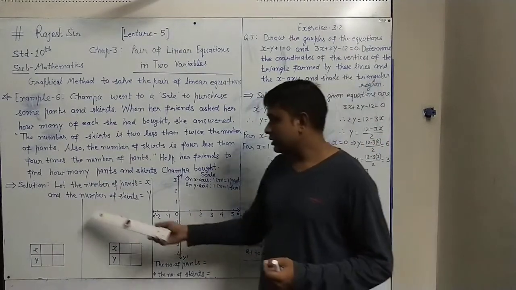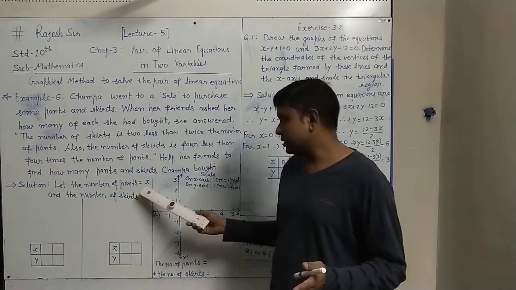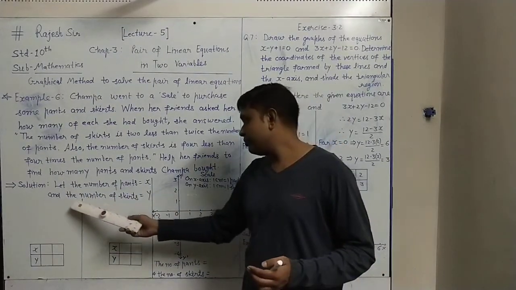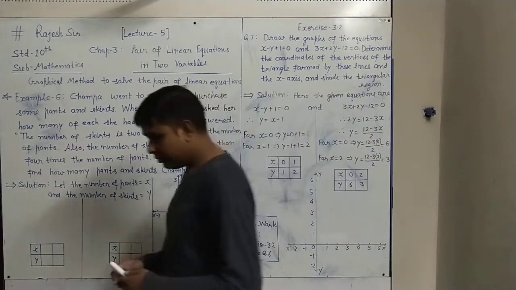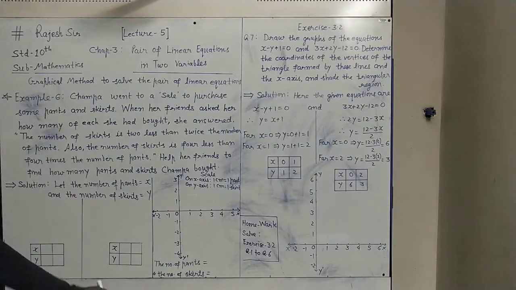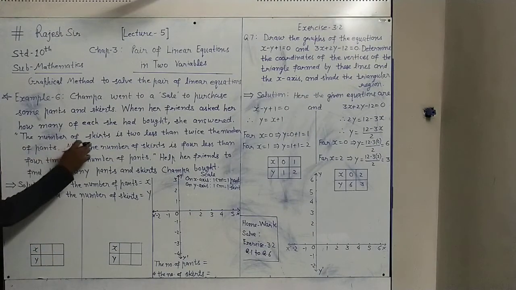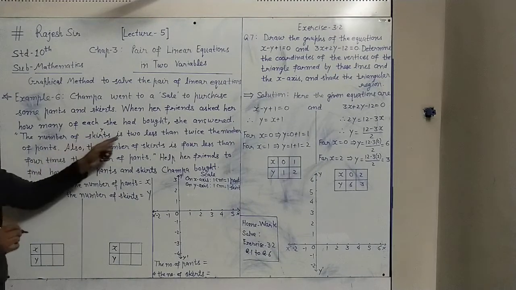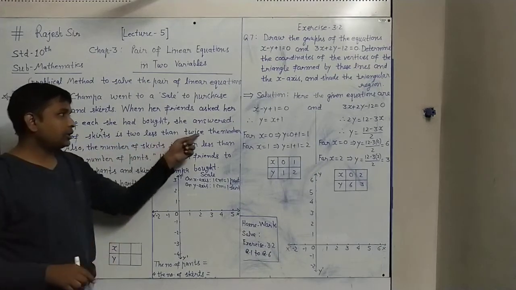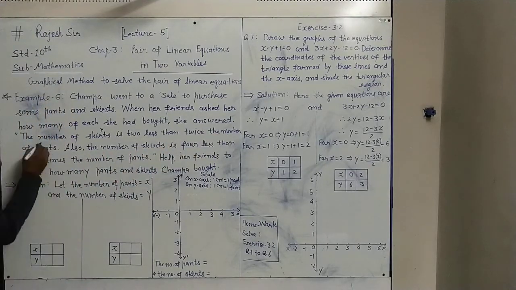In the solution, let the number of pants she bought be x and the number of skirts she bought be y. Now, with the help of the statements she gave, we will make the equations. The number of skirts, y, is 2 less than twice the number of pants. The number of pants is x.